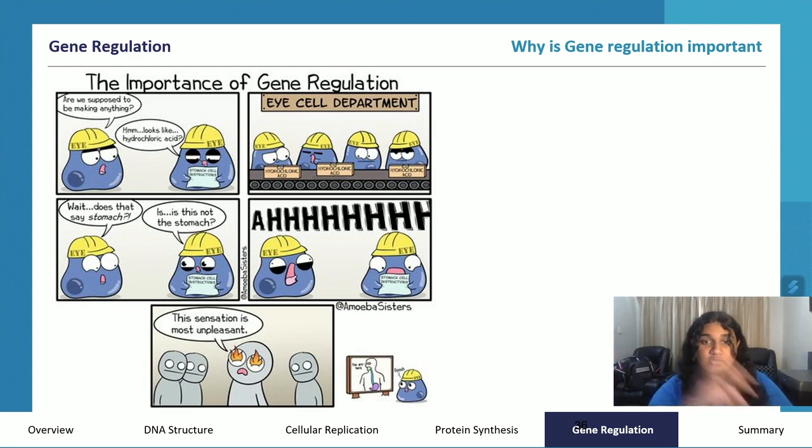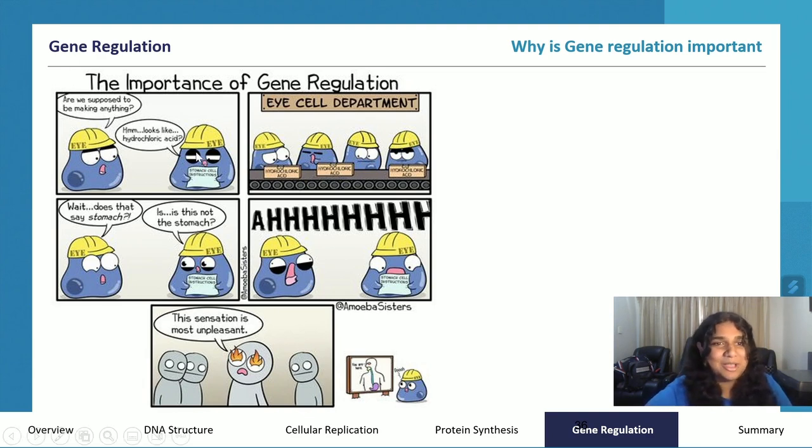If you think about two separate populations of cells, for example in this little diagram here, we've got a stomach cell ending up with hydrochloric acid. Hydrochloric acid is one of our stomach acids that helps digest food.